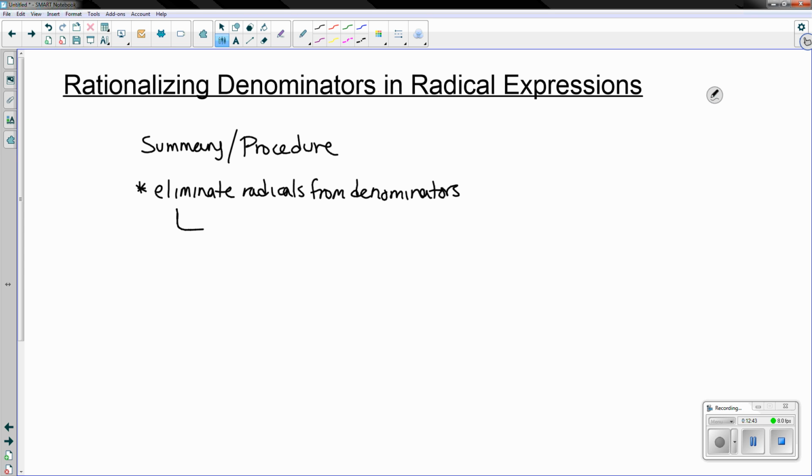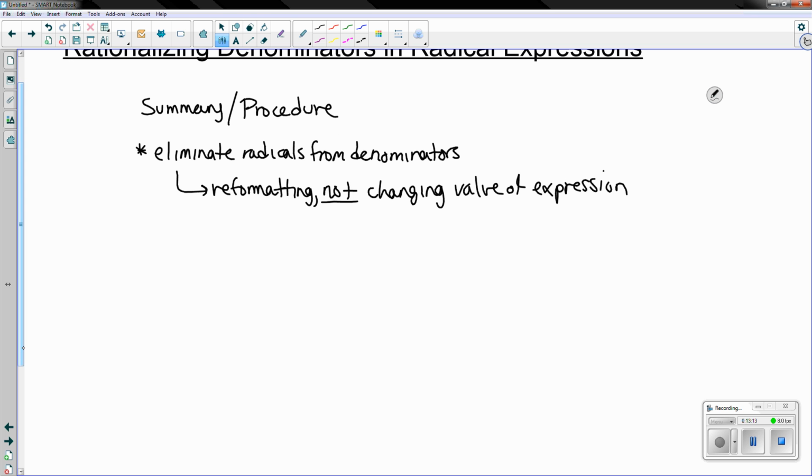So therefore, we are reformatting, not changing the value of the expression. Okay, so super important before we get into the actual procedure. The goal is to eliminate the radicals from the denominator. So you don't care if they exist in the numerator. That is okay. So all we're doing is reformatting. We're not changing the value of the expression.